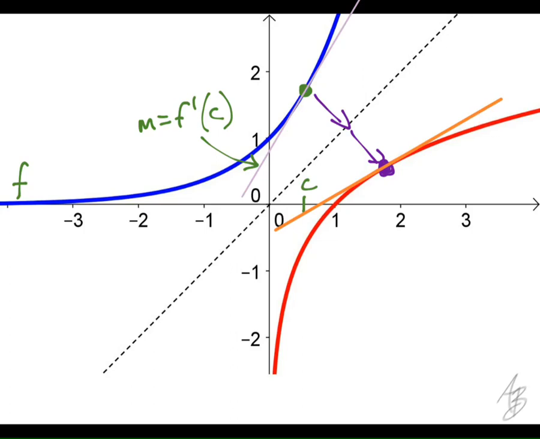Are they the same? No, I think it's obvious they're not the same. Are they opposite reciprocals? Are they perpendicular to each other? No? Anybody remember what they are? We talked about it yesterday, didn't we? Yeah, they're just reciprocals, right? So the slope of this line right here is equal to, how would I write that mathematically?